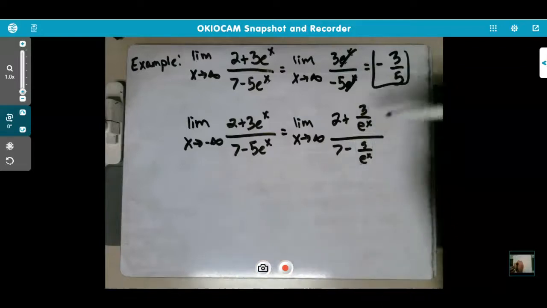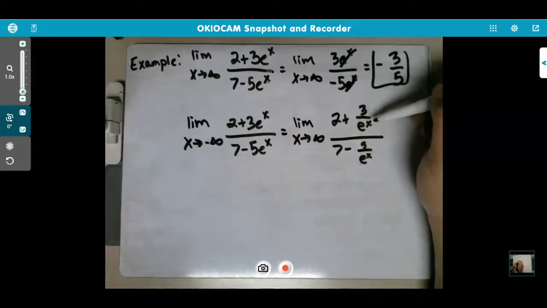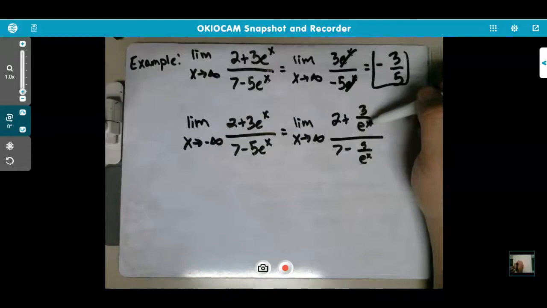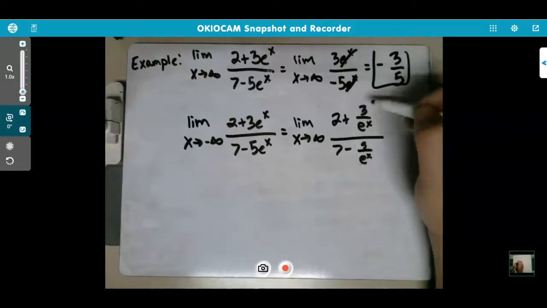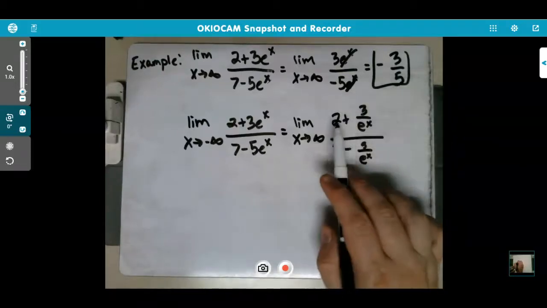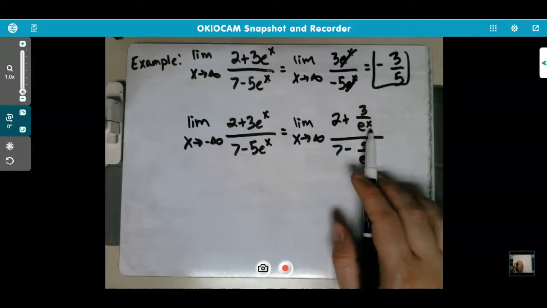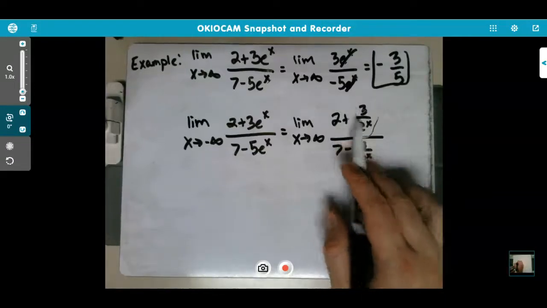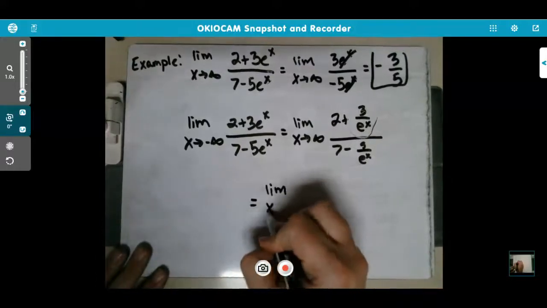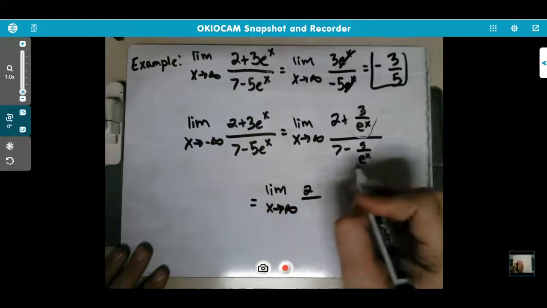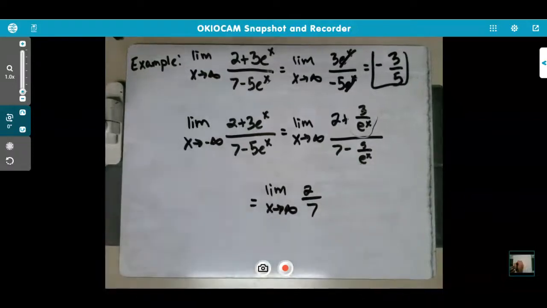Okay. Well, now e to something that's very big is going to be very big. 3 over a thing that's big, as we have said, approaches 0. So the larger term on top now is this 2, because this term is getting really small. So that's going to become 2 on top and 7 right here.